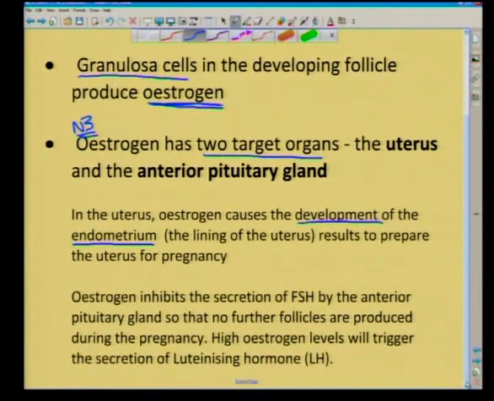The second function of estrogen is that it inhibits. Now look at this, it inhibits. When something is stimulated, we know that it is stimulated to work. So it wants to do the thing. But to inhibit something is not to stop it. If you stop something, you stop it dead and it doesn't happen.